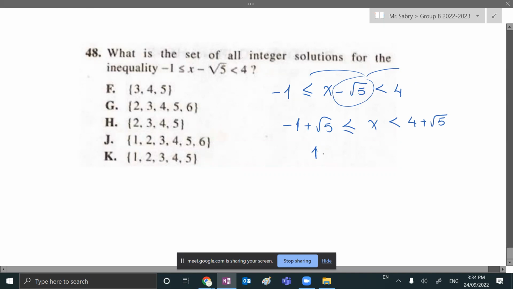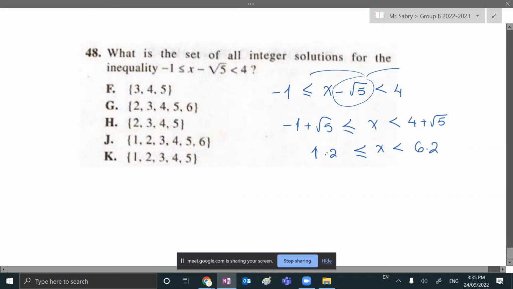Negative 1 plus root 5 is 1.2, and 4 plus root 5 is 6.2. So the integers that apply for the solution set would be between 1.2 and 6.2.